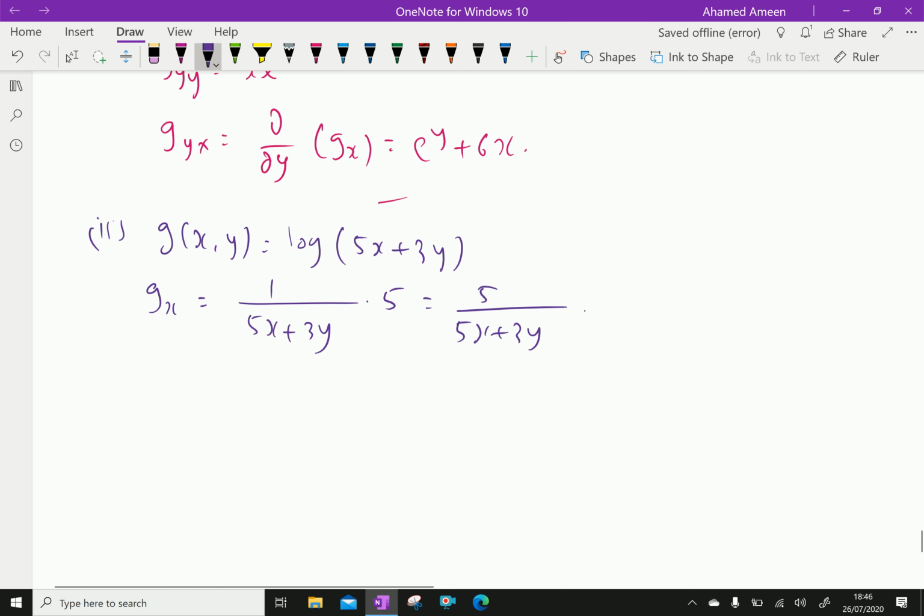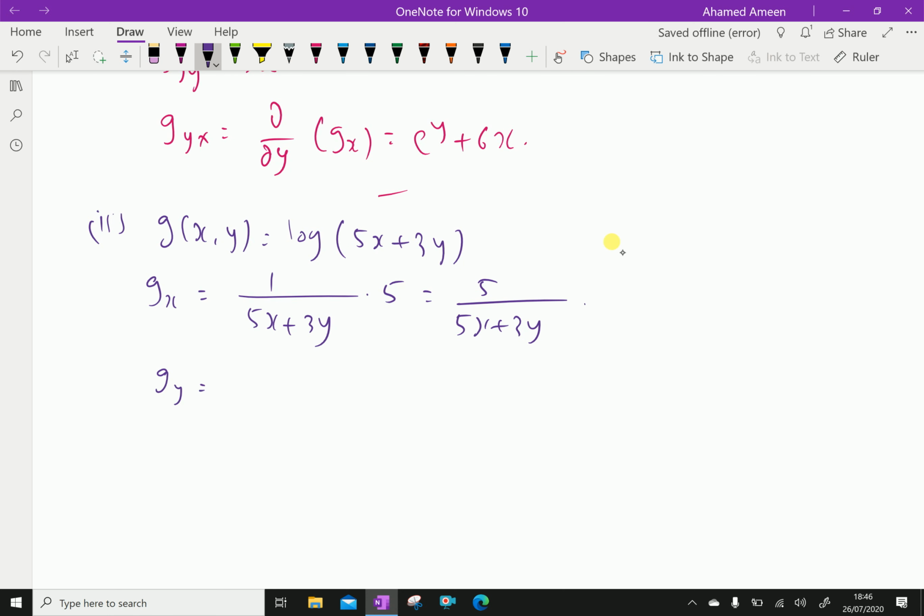Also we'll find g of y. Same 1 over 5x plus 3y into 3, because 3y differentiation is 3, which is equal to 3 over 5x plus 3y.